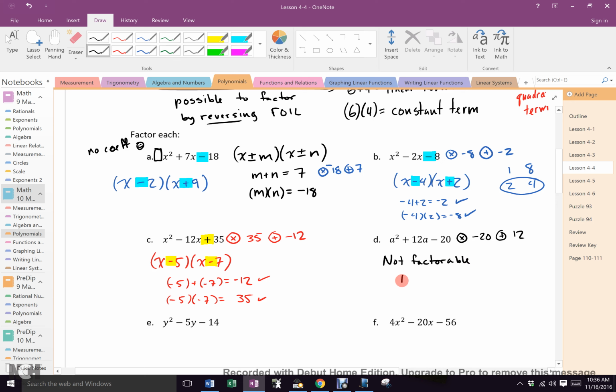Why? 1 and 20 can't get me to 12, can it? 2 and 10, that'll get me to 12, right? But it has to be negative 2 and positive 10, doesn't it? Okay, so 10 plus 2 will equal 12, but that would also have to mean that 10 times 2 equaled negative 20, does it? No. So you cannot factor this.